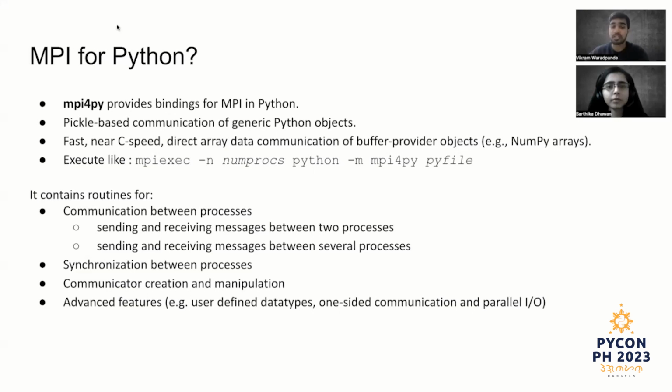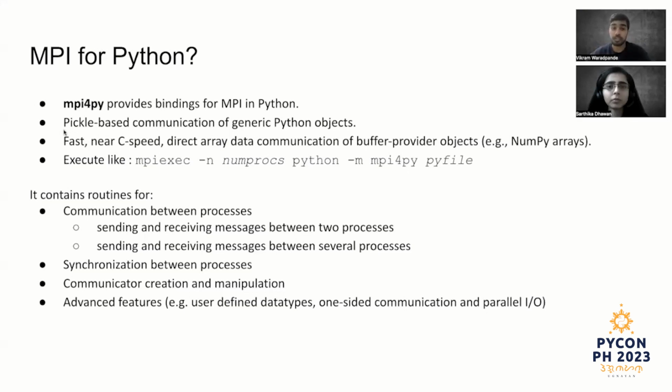So how do we use MPI in Python? There's a module called MPI for Py, which is provided in Python, which provides bindings for this standard in Python. It uses pickle-based communication for generic Python objects. As you might know, pickle is a format in which Python objects are stored, and MPI leverages this format for the processes to communicate with each other.